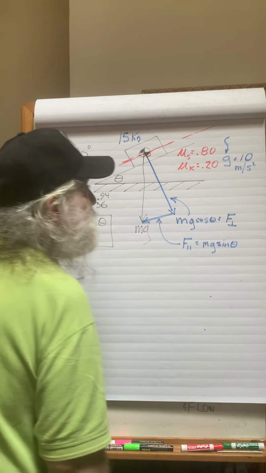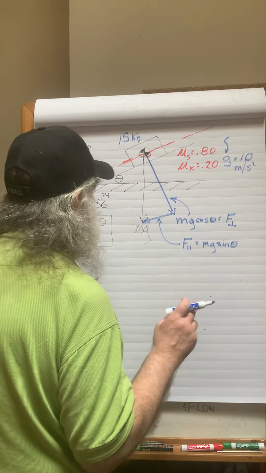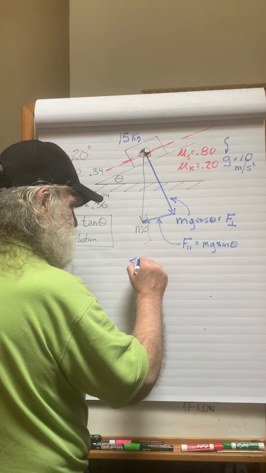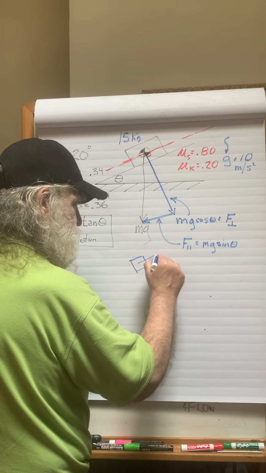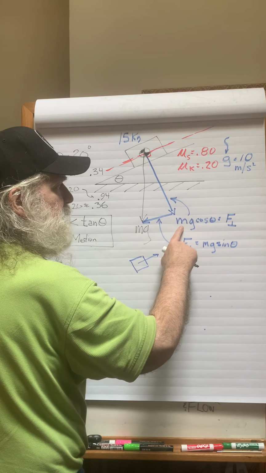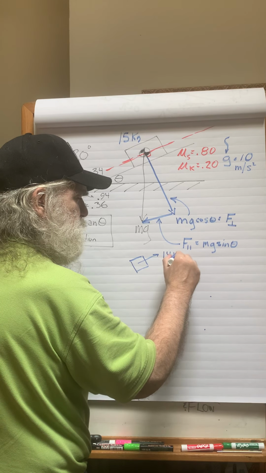What do I have to do to get the box moving? Well, in order to get the box moving, I need to have an F net of 0. I need to just overcome the friction that points up the inclined plane minus the parallel force. So pointing up the inclined plane, I have 0.8 times mg cosine theta. That's around 141 newtons.